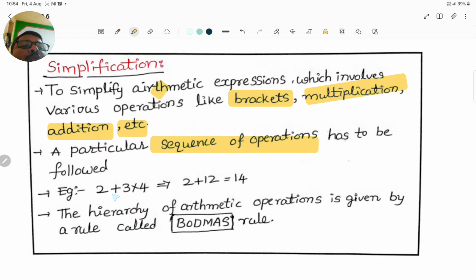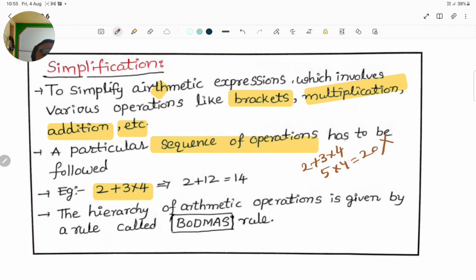For example, 2 plus 3 into 4. If I do 2 plus 3 into 5 into 4, we will get 20. This is wrong. Why?